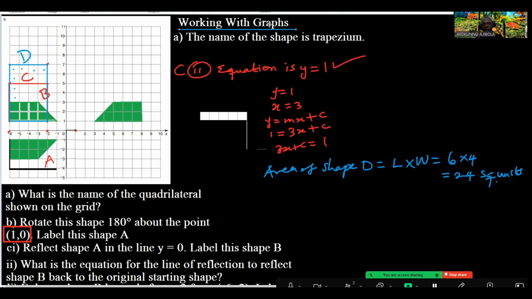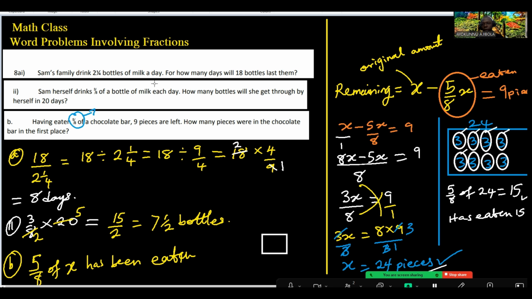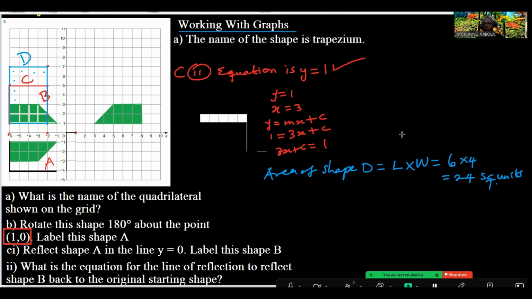So I believe you understood the one we did with word problems involving fractions, right? And of course, it involved a simple equation along this place. Then the second part is working with graphs.